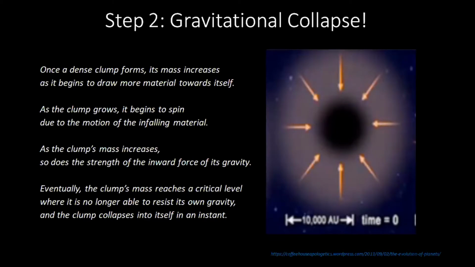So now we have a spinning, growing clump of stuff, constantly growing, gravity getting stronger and stronger, pulling in more and more material, and eventually that clump reached a critical point where it was no longer able to resist its own gravity, and the clump collapsed into itself in an instant, in what's called a gravitational collapse.